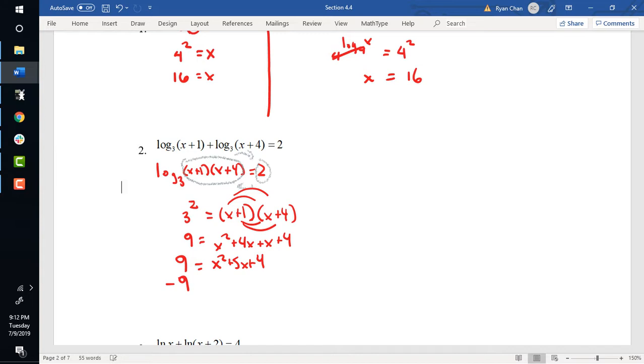And subtract 9 on both sides. So I'm solving this quadratic, okay, for the following. So what I'm going to do is use the quadratic formula because I can't factor, okay?